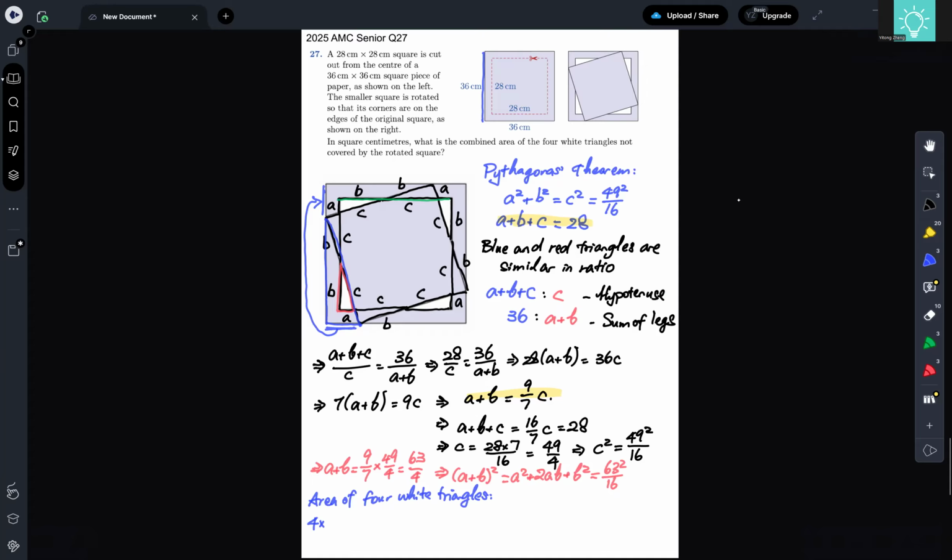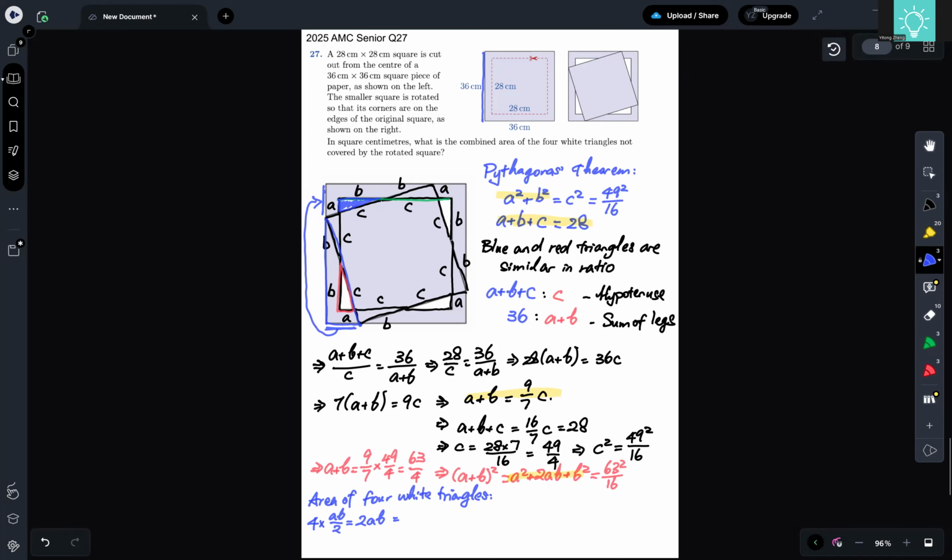And that area is half times base times height. This white triangle over here, base and height are A and B. AB on 2. And that is exactly 2AB. 2AB is exactly equal to this minus A squared plus B squared, which is that.